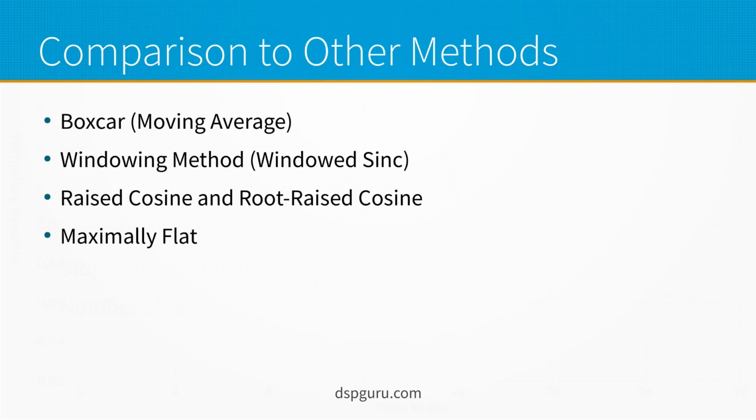Boxcar type, sometimes called moving average, is simply the average of the last n number of samples. So in finance, for example, they often use a 15-day moving average, meaning that the output is the average of the last 15 samples of, let's say, the stock price. Well, we can also do that in DSP terms.